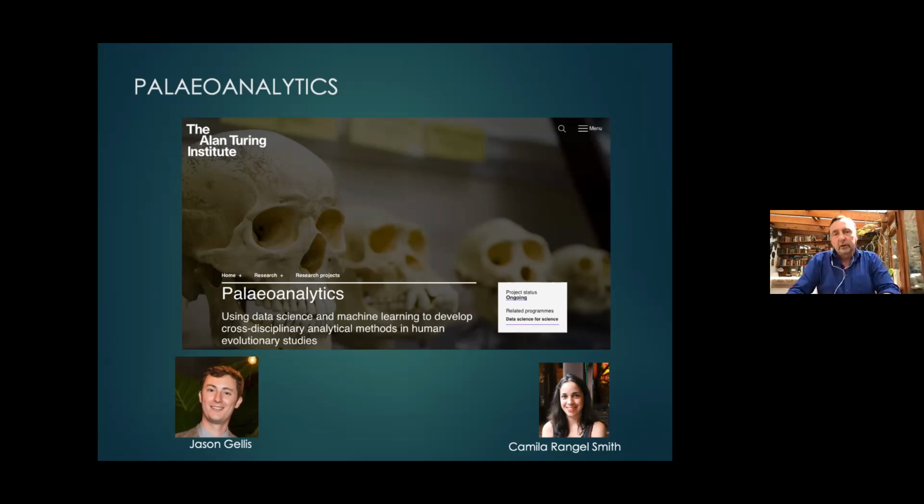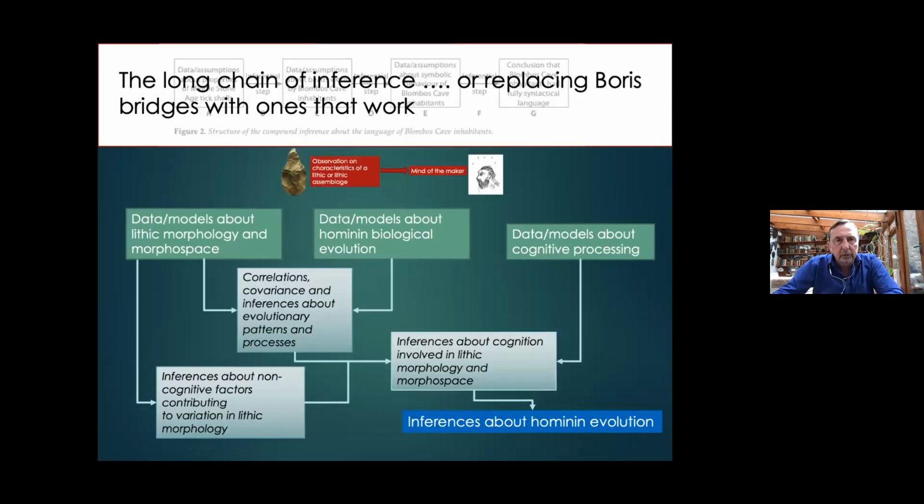We're trying to develop machine learning approaches which can mop up far more data from stone tools to allow us to do this in a much more quantitative way. This is relatively early work, so I'm not going to say anything more about it, but I think it's enormously promising to allow us to move to a much more subtle approach to inferring cognition from stone tools.